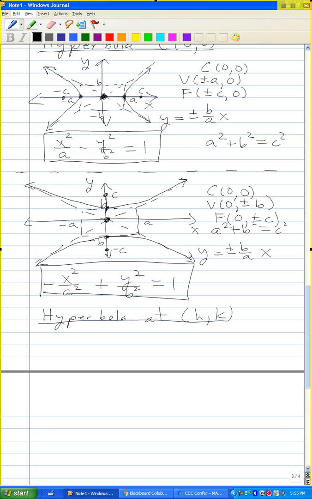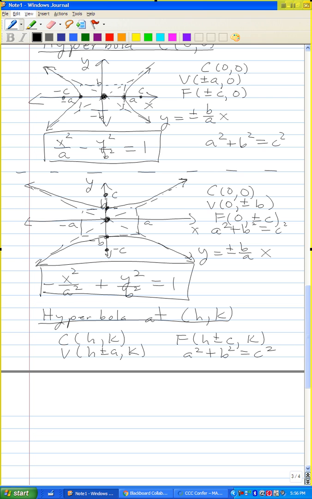The center will be at (h, k). The vertices will be at, let's do the first one, (h plus or minus a, k), and the foci are at (h plus or minus c, k), and we have that a squared plus b squared equals c squared.